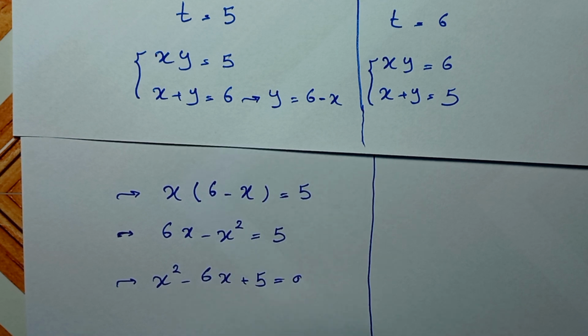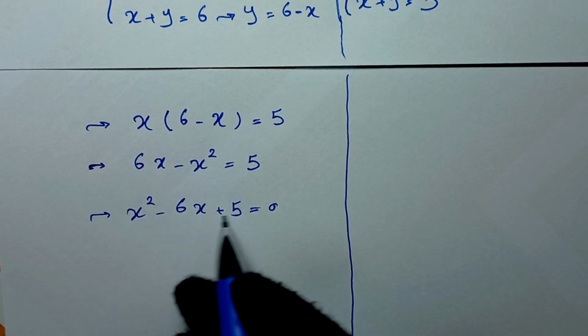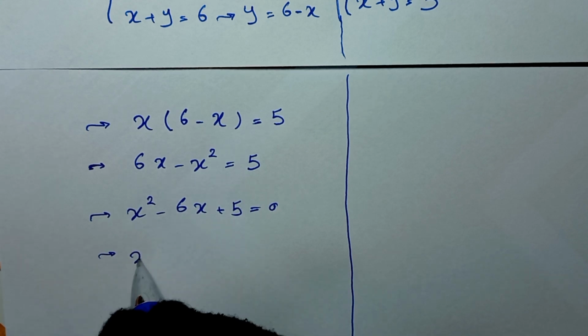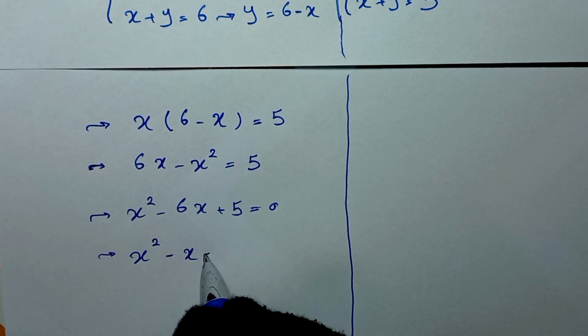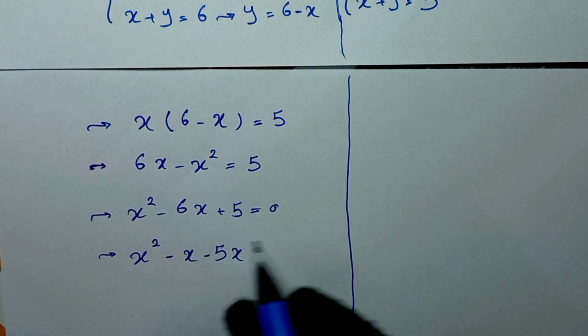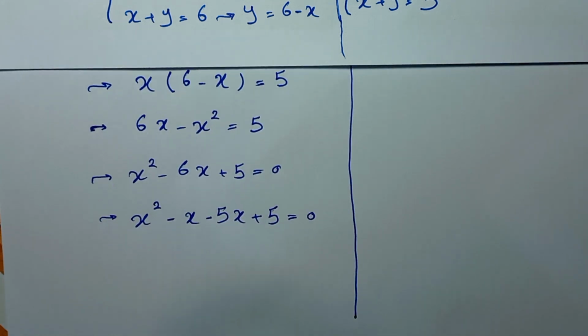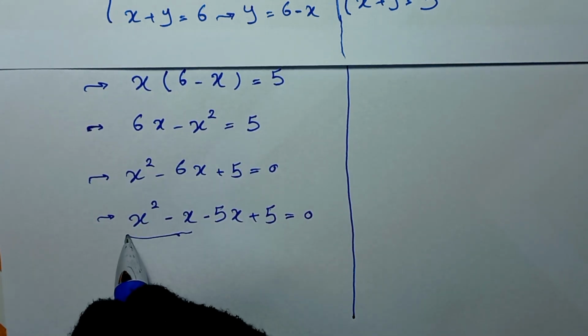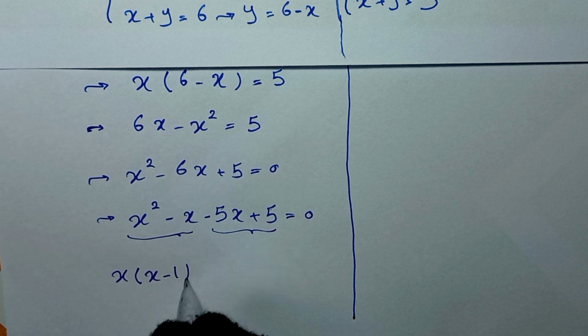And in here we can write negative 6x as negative x and minus 5x, right? So x squared minus x minus 5x plus 5 is equal to 0. And here we take these two parts together and these two parts together. From these two parts we factor x, and it will be x times x minus 1, right?